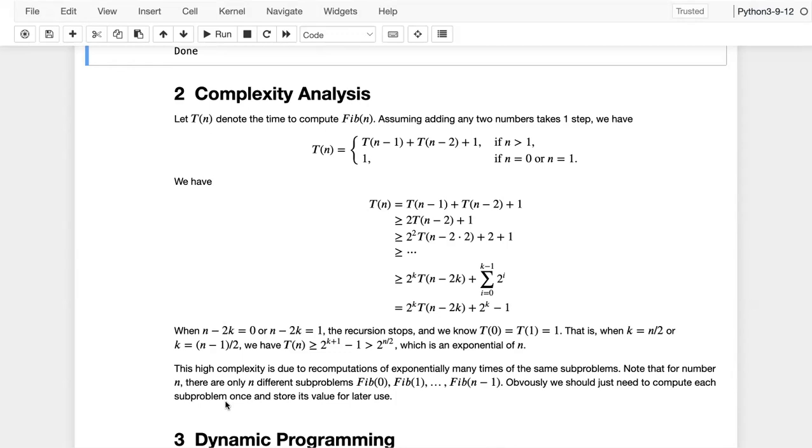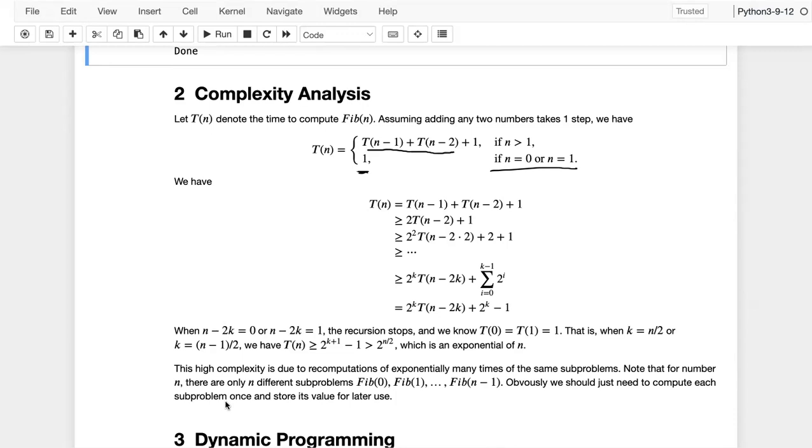And so for the boundary, when n is equal to 0 or n is equal to 1, it's 1. Otherwise, it will be T of n minus 1 plus T of n minus 2, plus 1 because we have to do the addition.